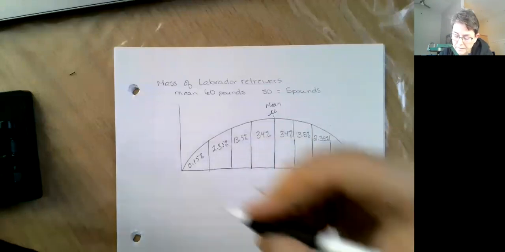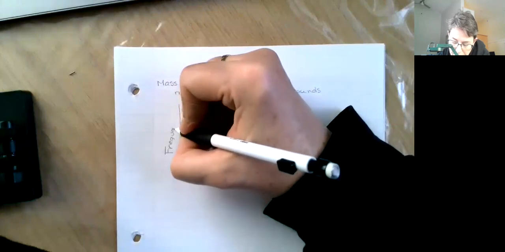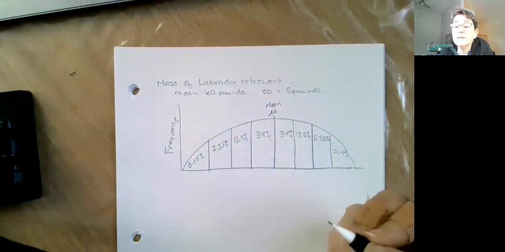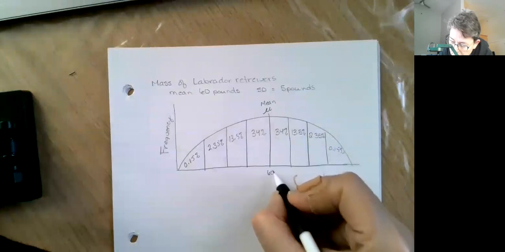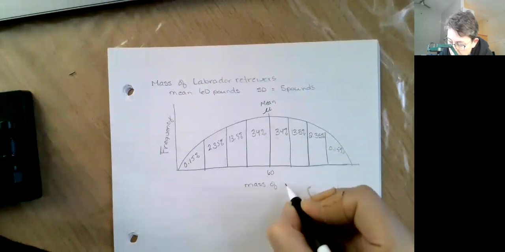All right, and frequency. Same every single time. Now we're going to put our mean. So 60 goes here. And I'll put a little label, mass of doggo.